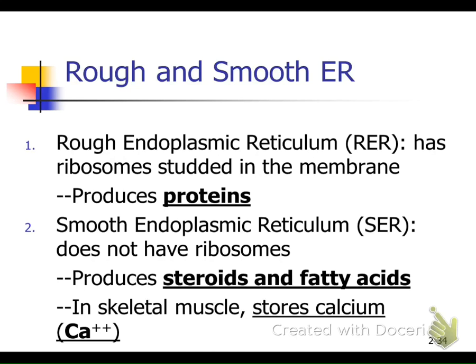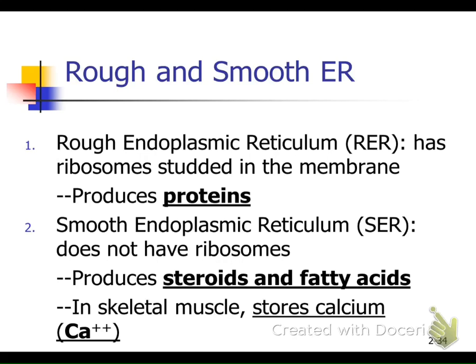So the rough endoplasmic reticulum, it is called rough because it looks like it would be studded or rough to your touch, and we now know that that roughness is the ribosomes that are tightly connected to this. Ribosomes are the key organelle for producing proteins.